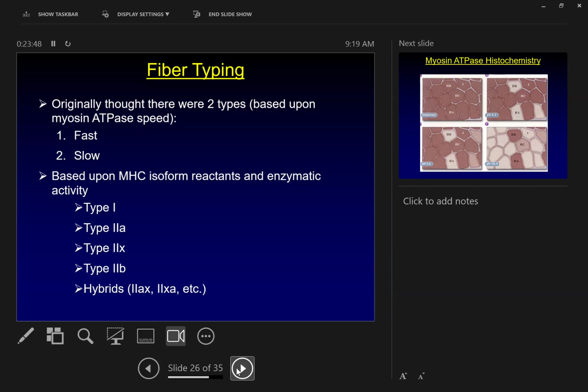Your gastroc and soleus, postural muscles in the legs that we use all the time, are probably the next most type 1. But most of us are about 60-40 one way or the other, and you cannot change that. No amount of training, no amount of wanting, nothing will change that.